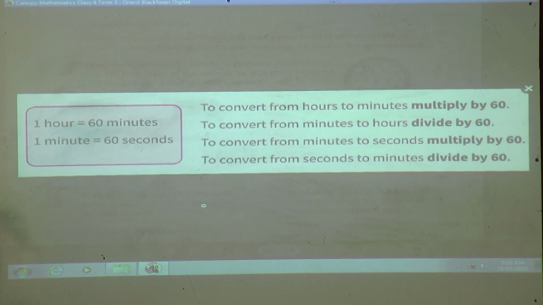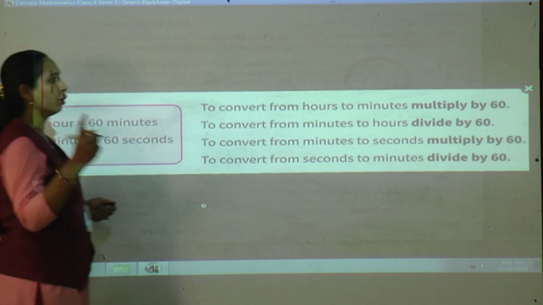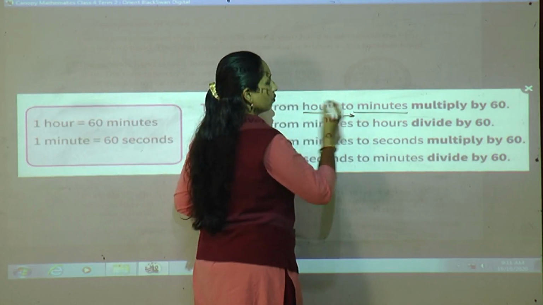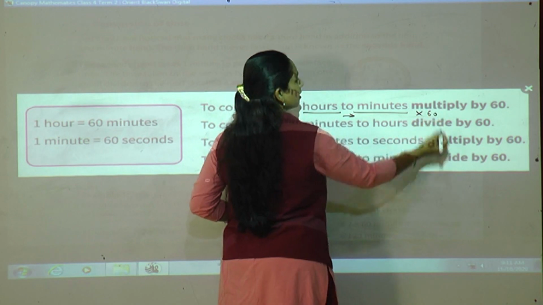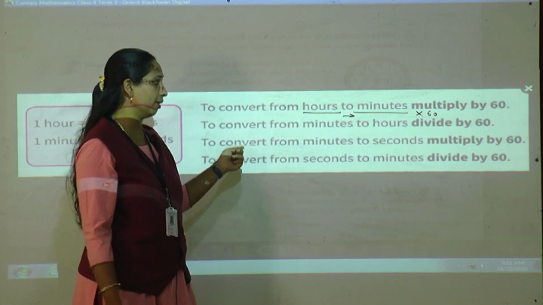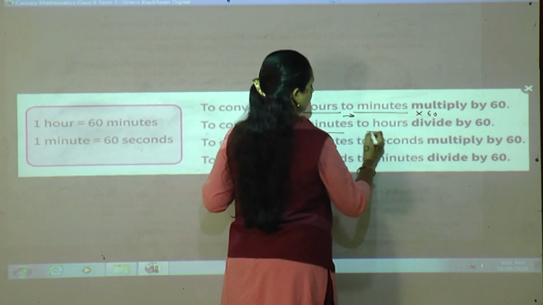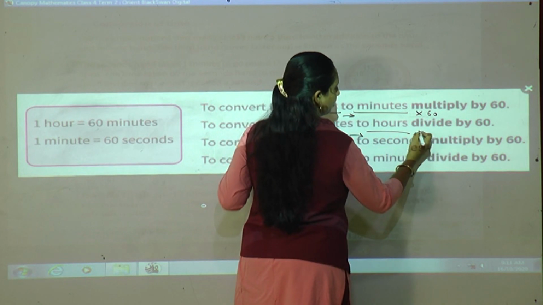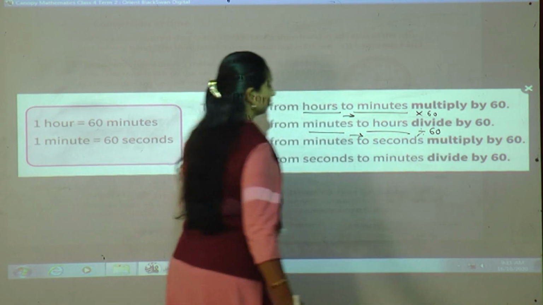Just vice versa. Okay? I'll repeat again. When you want to convert hours to minutes, multiply by 60. And when you want to convert minutes to hours, then you have to divide by 60.